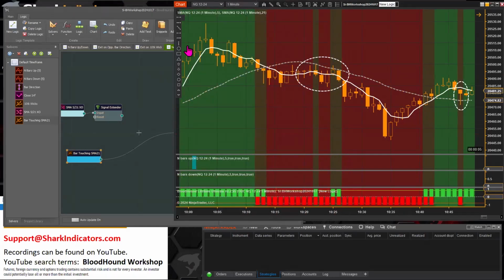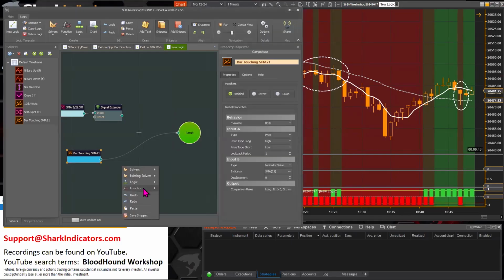In other words, we want to get rid of this short output by itself, and vice versa. We want to get rid of the long-only outputs as well. To do that, we can use a function node called the long short modifier.